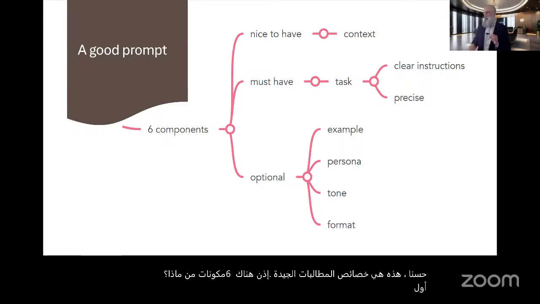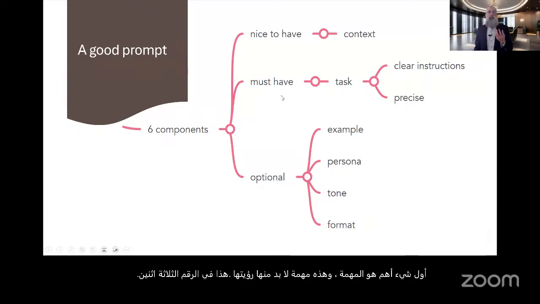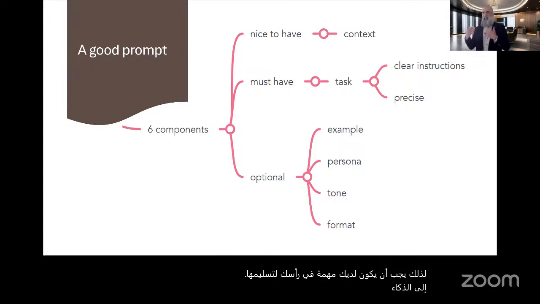So you must have a task in your head to deliver to the generative AI. And a task should be clear and precise, as we explained just a few moments ago.